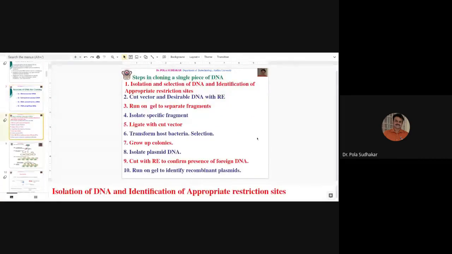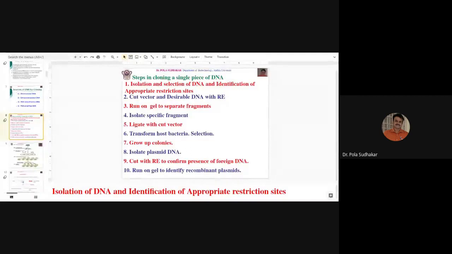These are the steps in cloning a single piece of DNA. There are 10 steps involved in the cloning of DNA. One is isolation and selection of DNA and identification of appropriate restriction sites.